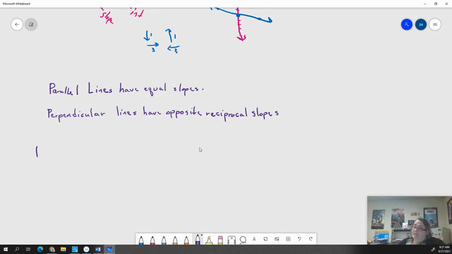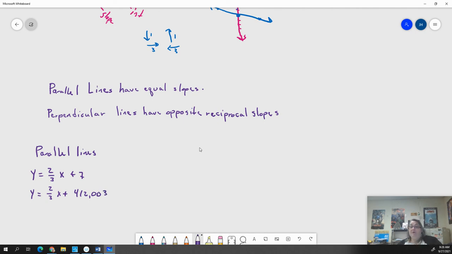So if I have parallel lines, if I'm writing the equation of a parallel line, I would have like maybe y equals 2/3 x plus 7. And a line that would be parallel to that would be y equals 2/3 x plus 412,003. Right?